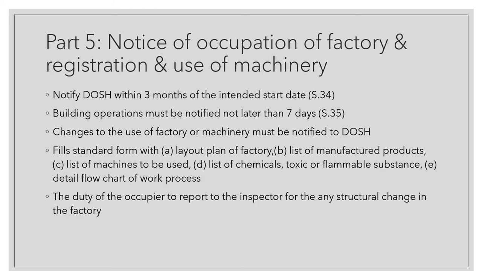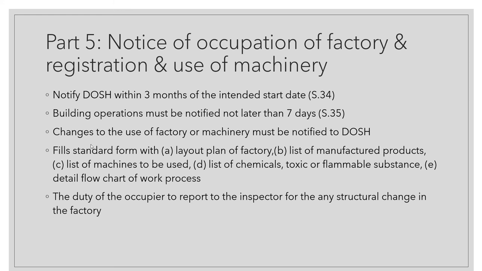Okay, and then the part number 5 is about the notice of occupation of factory and registration and use of machinery. Okay, notify DOSH ataupun chief inspector ataupun authorized chief inspector from DOSH within 3 months of the intended start date, and then the building operation must be notified not later than 7 days.